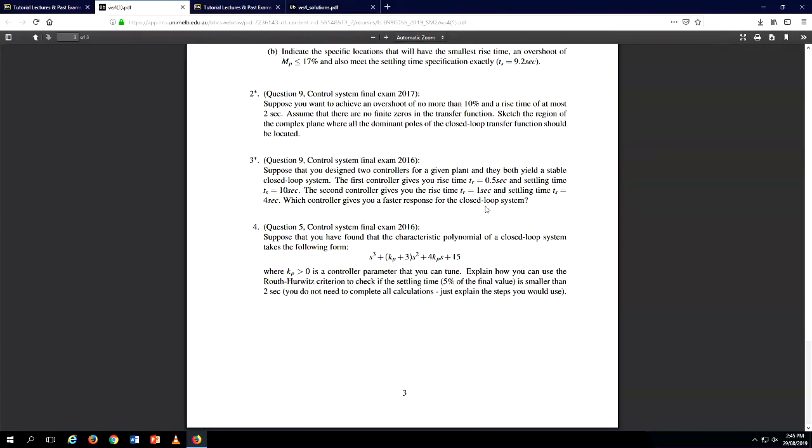Smaller TR. Sorry? Smaller rise time. So you are going with smaller rise time. You're saying that's a faster system. Okay? What do others think?